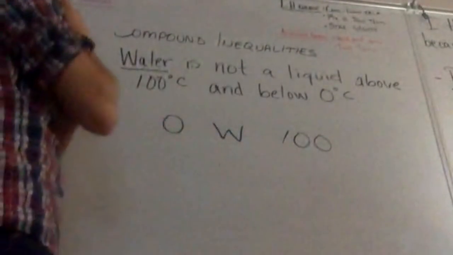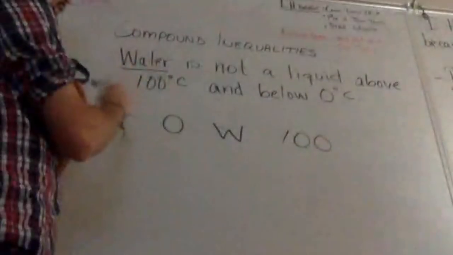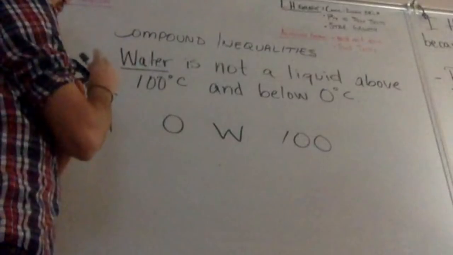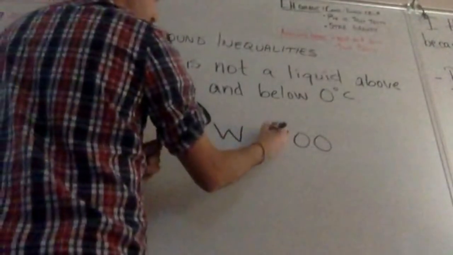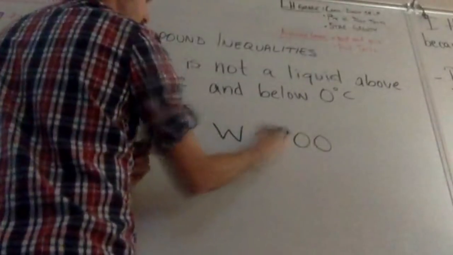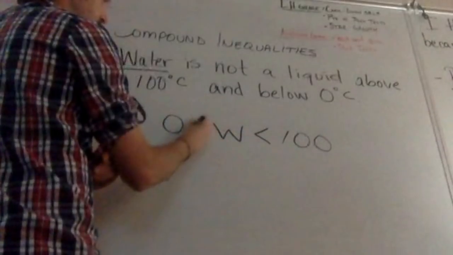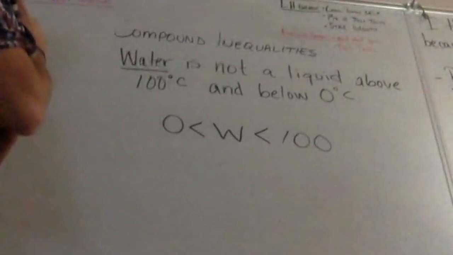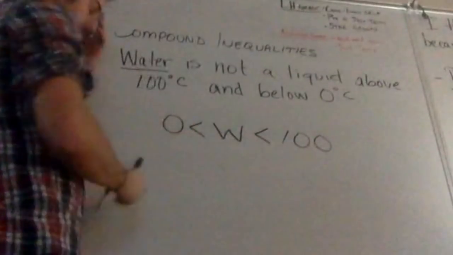Well, now we got to figure out. Water is not a liquid above 100 and below 0. So water is only a liquid when it is below 100 and above 0. Okay. So there's our inequality.